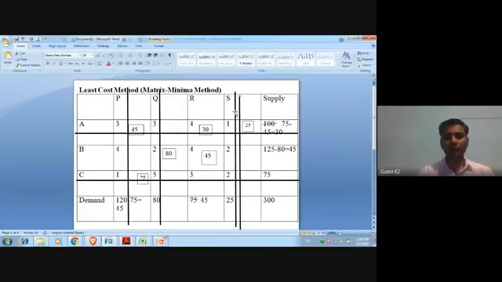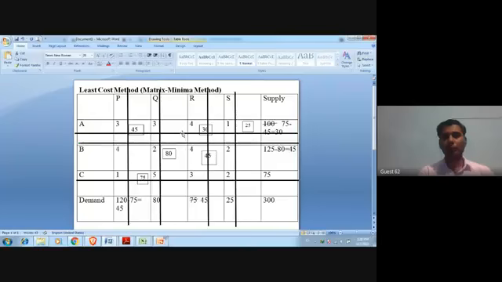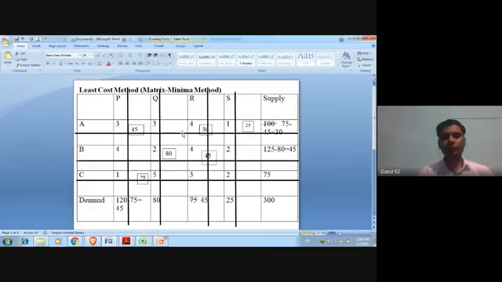So we will cross the demand of warehouse R vertically since the demand of R is fulfilled now, and B has also exhausted its supply units. So we will also draw a horizontal line from B. Okay. So I have drawn this line.